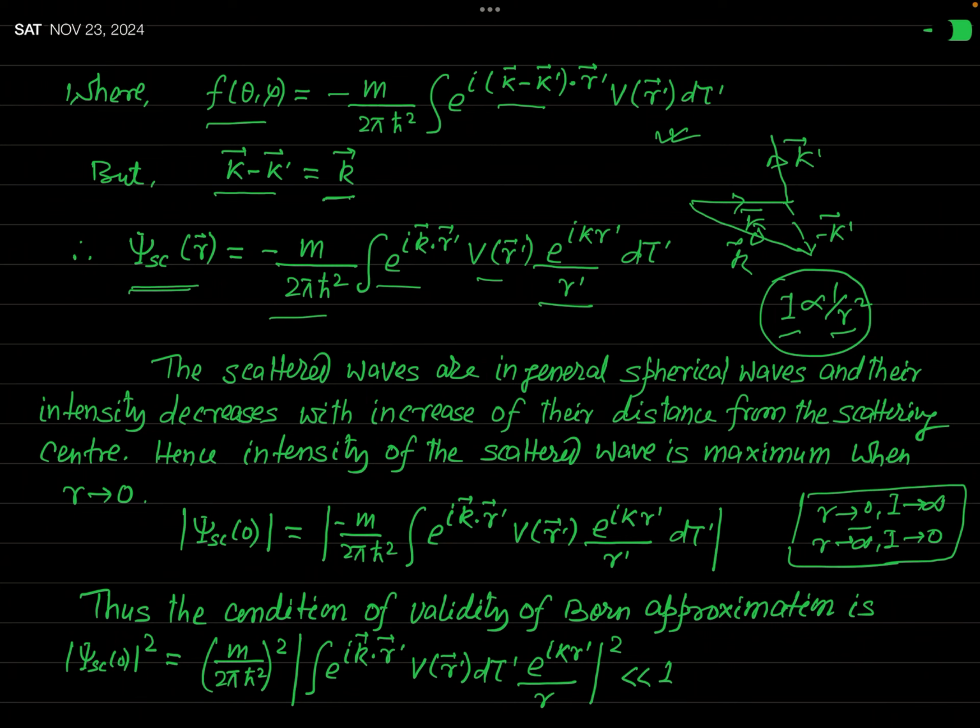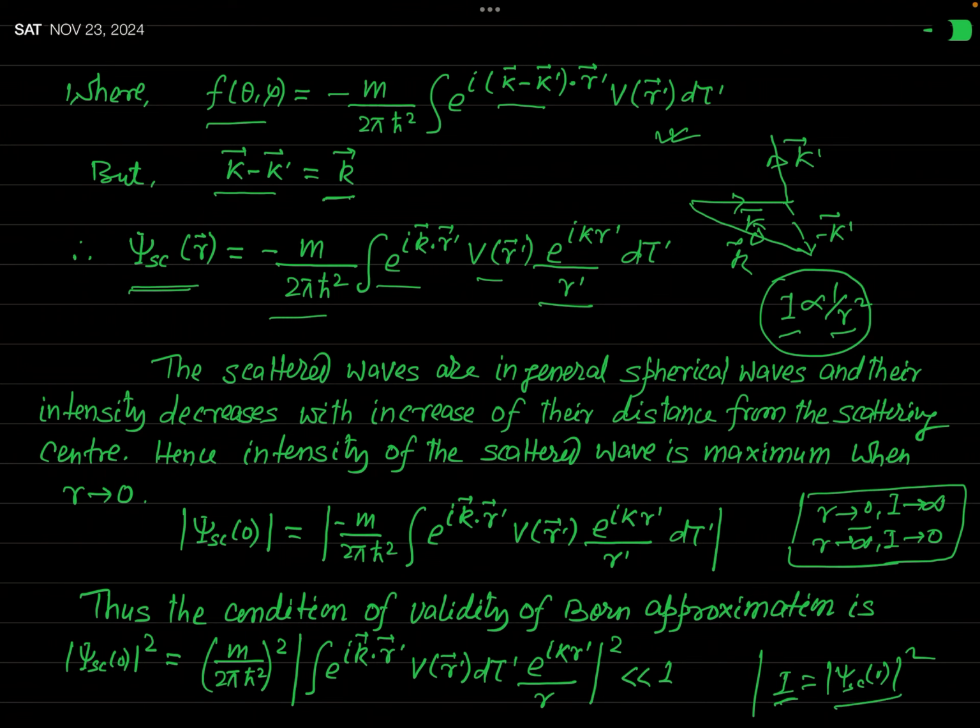So now let us find the maximum value of the intensity. And you know, intensity of the wave is simply equal to the square of the modulus of its amplitude, psi sc. This will be actually the maximum intensity when you consider r equal to 0. Okay?